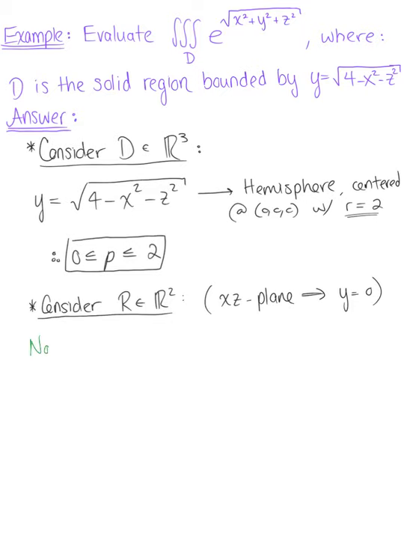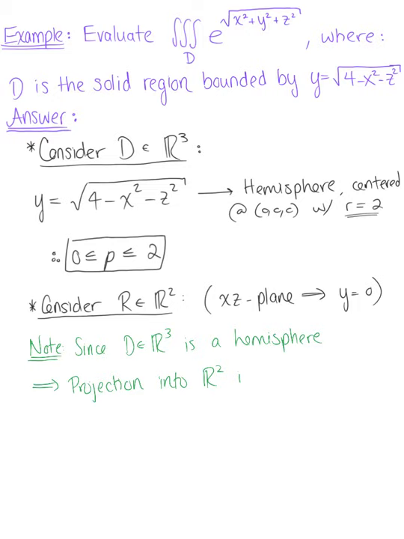And we can make a little note to ourselves that since the solid region D in R3 is a hemisphere, this tells us that the projection into R2 will be a semicircle. And so, therefore, the bounds on theta are from 0 to pi, and the bounds on phi are from 0 to pi as well.